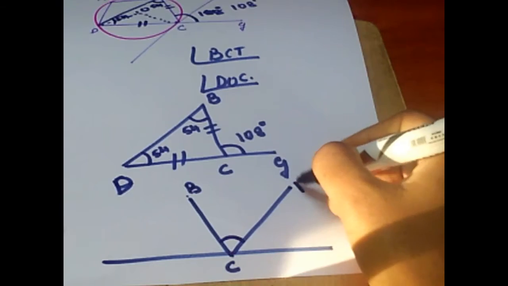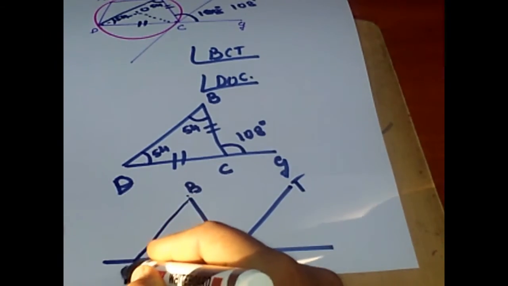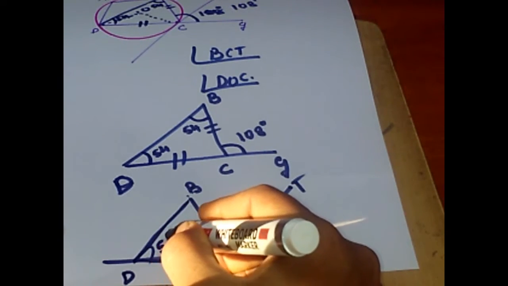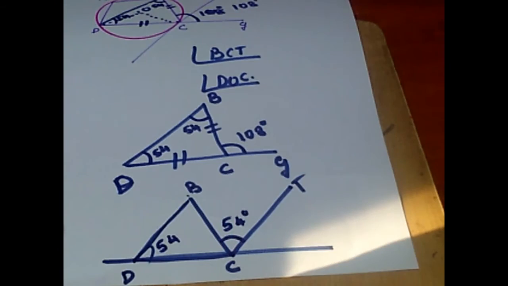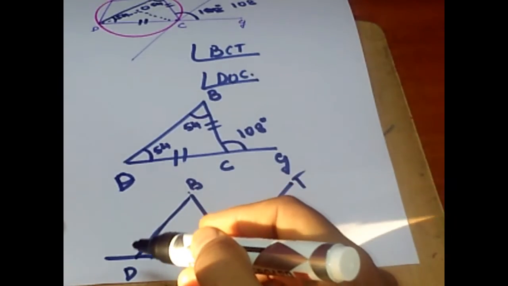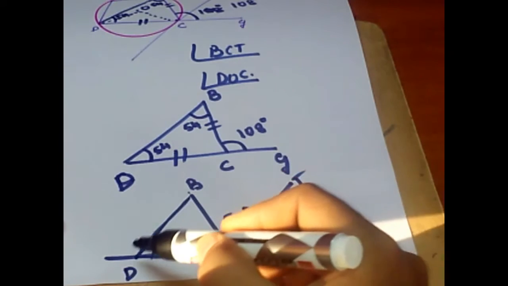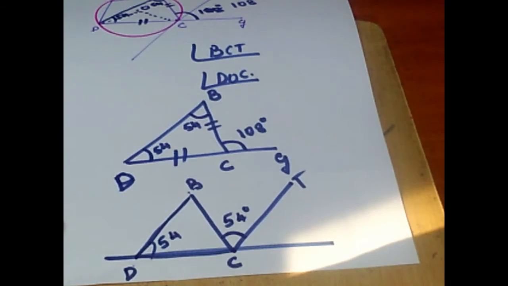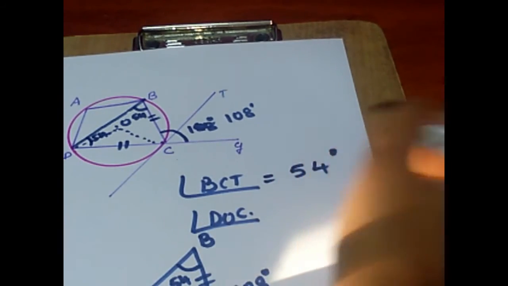So, CT is the tangent, CB is the chord. So, what is the angle formed at the point D? Angle in the alternate segment. Just now we proved this as 54. Hence, this angle is also equal to 54. Angle in the alternate segment. Point number 2. Angle BCT is equal to angle BDC, which is equal to 54. The reason is angle of the alternate segment. So, measure of first angle is calculated as 54 degree.